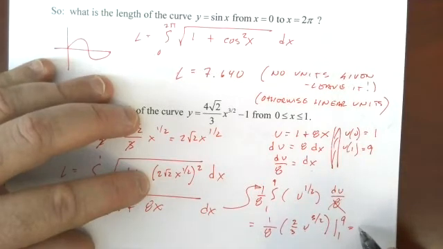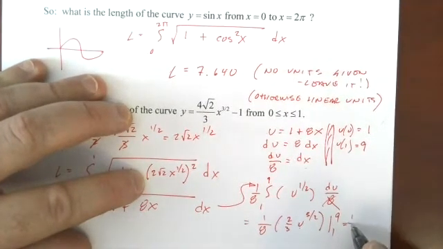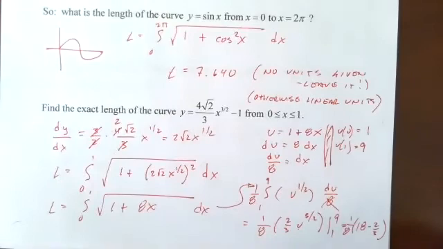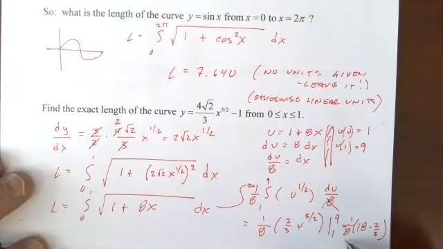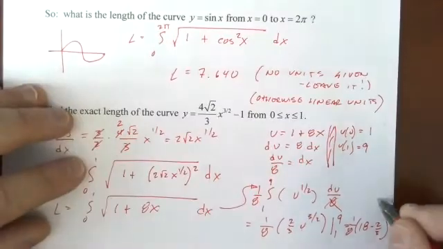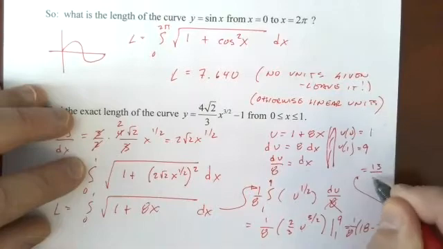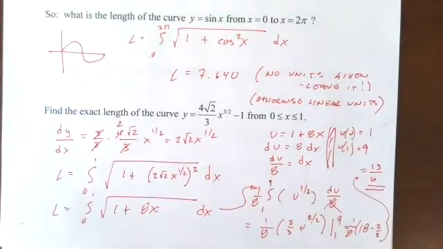I'm going to run out of space. 3 times 18 is 54, minus 2 is 52, over 24, which is 26 over 12, which is 13 over 6. Wow, that actually worked. I'm shocked. 13 over 6. Again, no units given, so we don't give any back.